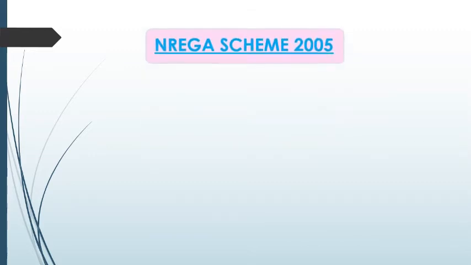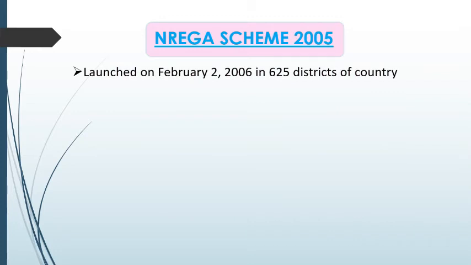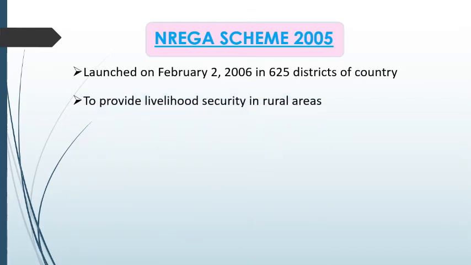National Rural Employment Guarantee Act, popularly called NREGA scheme, formulated in 2005 and enacted on February 2, 2006. It was implemented in 625 districts of the country in order to provide livelihood to rural people.